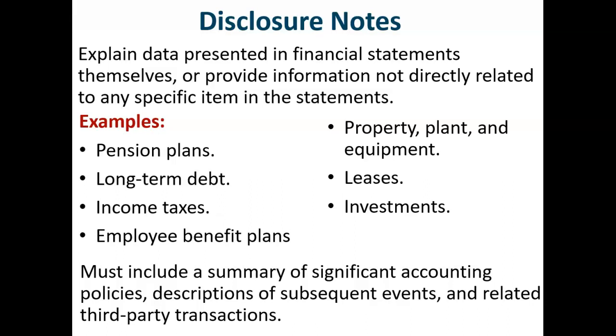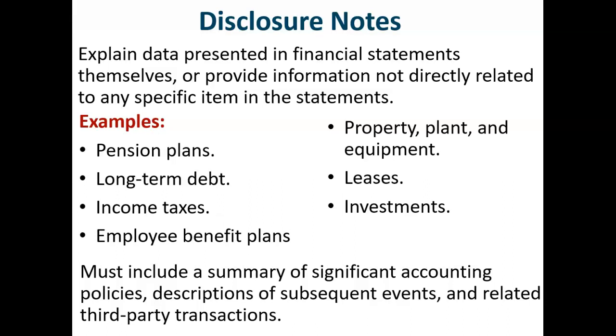Some examples include disclosures about pension plans, leases, long-term debt, investments, income taxes, property, plant, and equipment, and employee benefit plans. Disclosure notes must include certain specific notes such as summary of significant accounting policies, descriptions of subsequent events, and related third-party transactions.